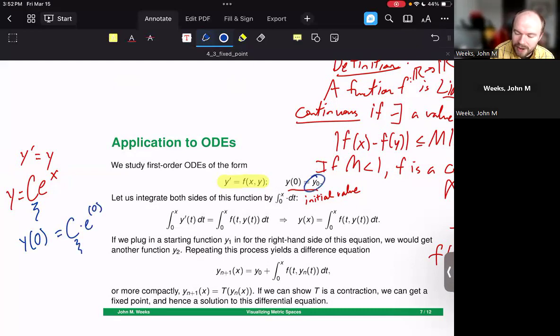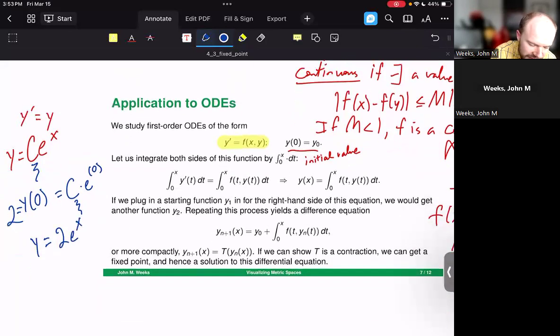For example, if I knew that y naught was equal to 2, then based on this equation, c times 1 is equal to 2, so c is 2. That gives me a specific solution to the general equation of solutions. So if y naught is equal to 2, the specific solution is going to be 2 times e to the x.